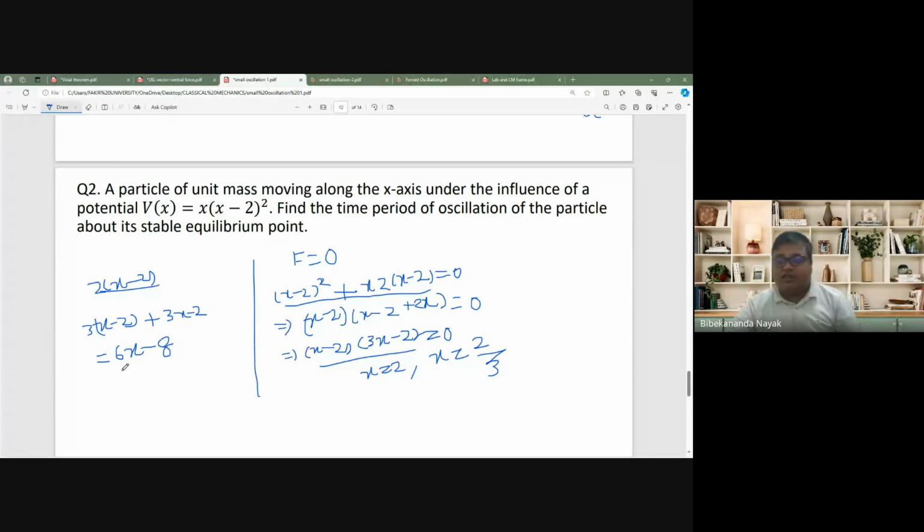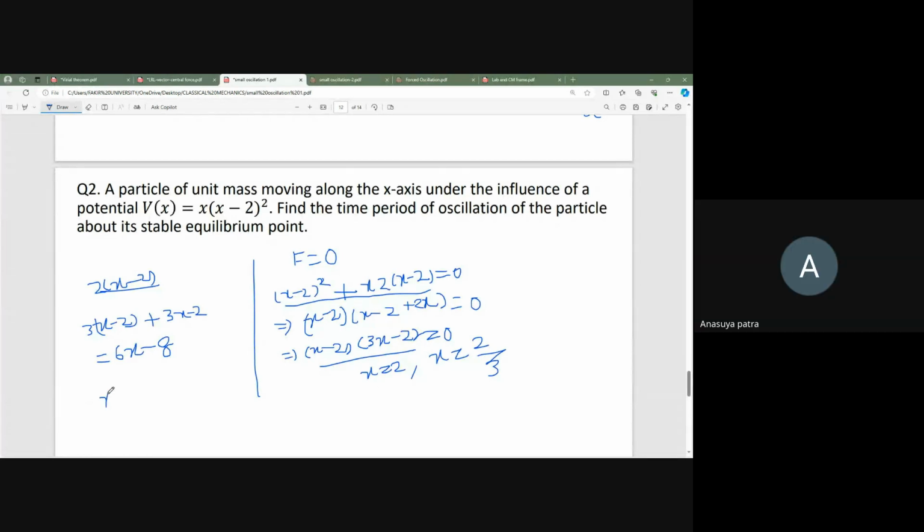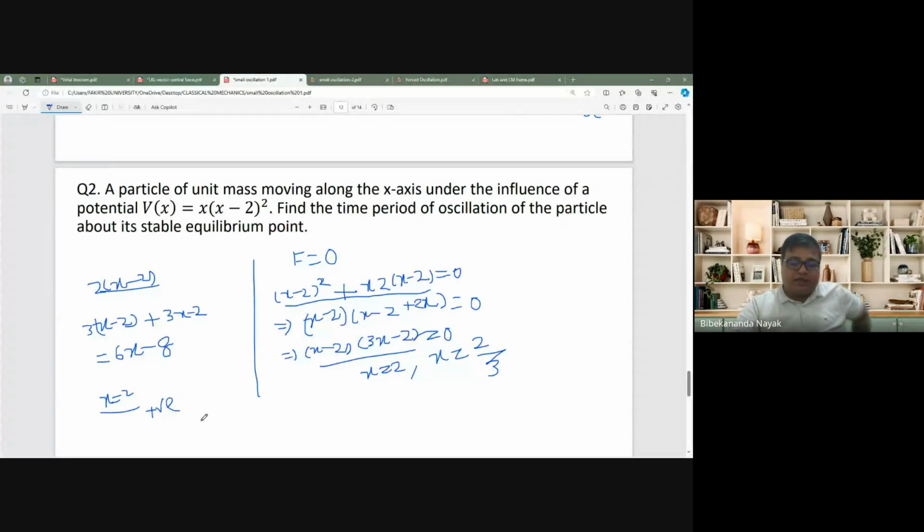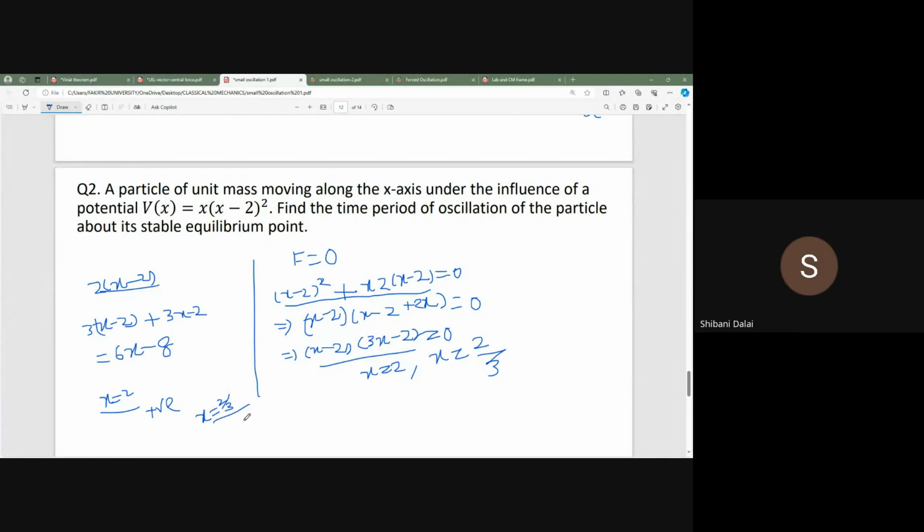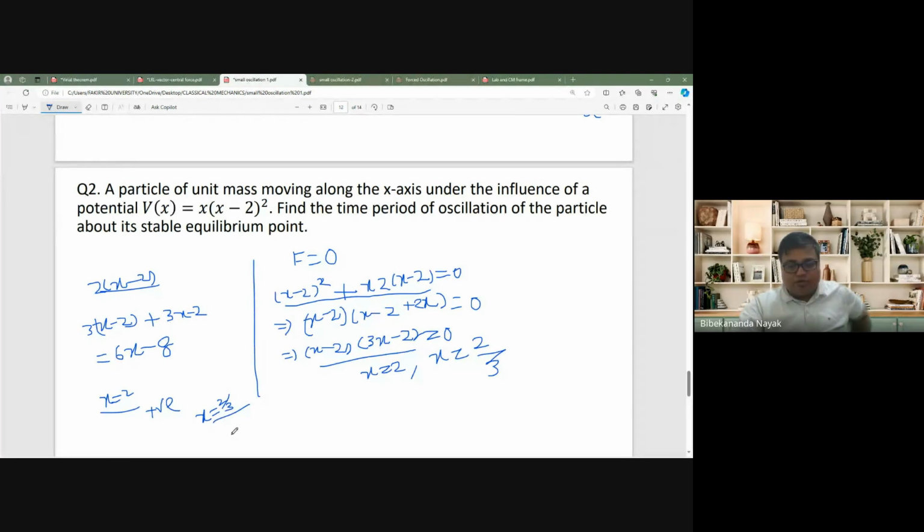6x minus 8. Put x equal to 2. For x equal to 2, 6 into 2 is 12, minus 8 is 4, positive. For x equal to 2 by 3, it is minus 4, negative. So which point is the maximum, which the minimum?